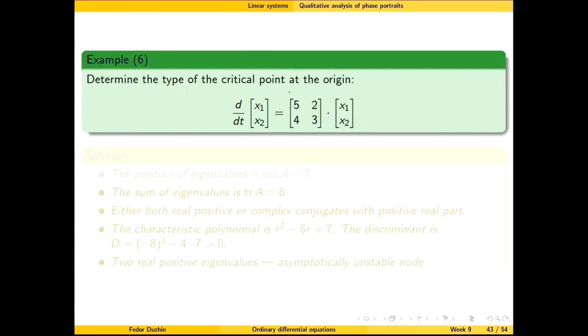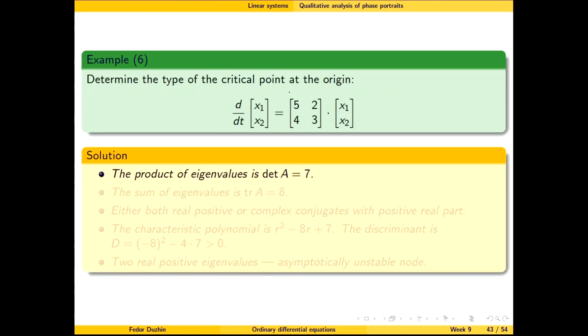Here is my next example. Now the product of the eigenvalues is the determinant of A, so this is 15 minus 8, which is 7. The sum of the eigenvalues is the trace, which is 8.